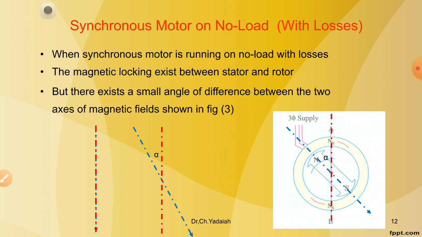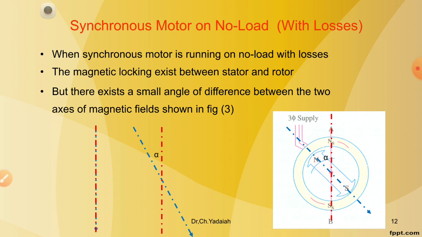When a synchronous motor is running on no load with losses, the magnetic locking still exists between the stator and rotor. The stator and rotor axes are still interlocked with each other, but there exists a small angle of difference between the two axes of magnetic field, as shown in the figure.